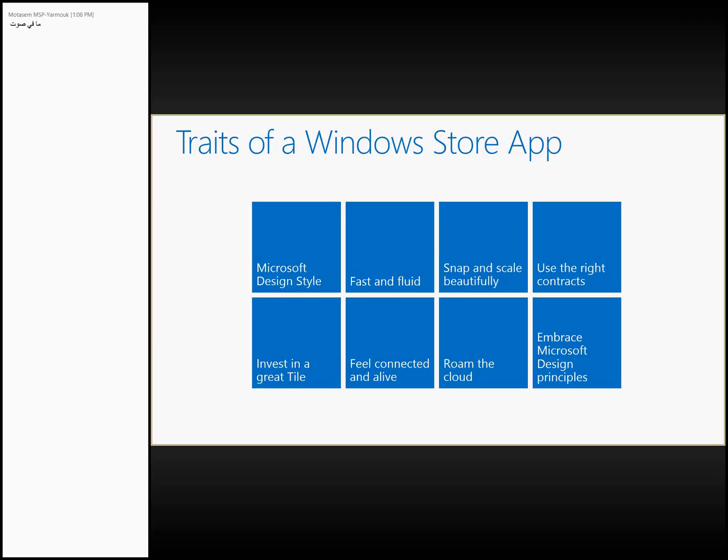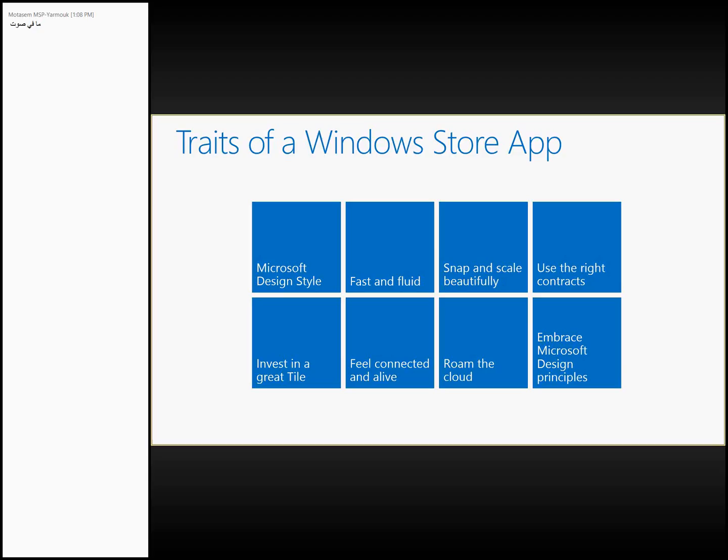And using the right contracts, so we showed in the charms, if you wanted to use search, you need to integrate it into your application, which is really easy. And a great tile. The tiles are our new door for our applications.